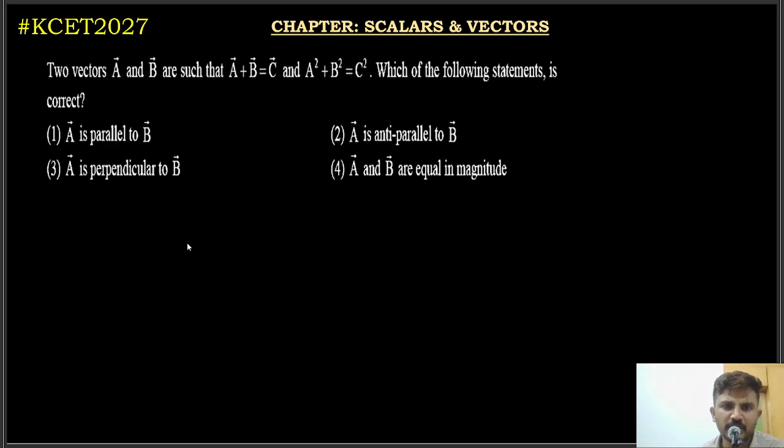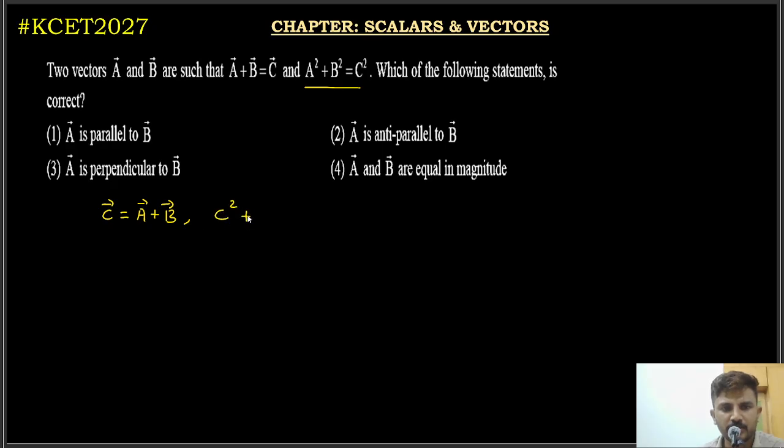Then we have two vectors A and B such that A vector plus B vector is equal to C vector, and A square plus B square is equal to C square. Then which of the following statements is true? Let me take that vector C is equal to vector A plus vector B, and C square is equal to A square plus B square.